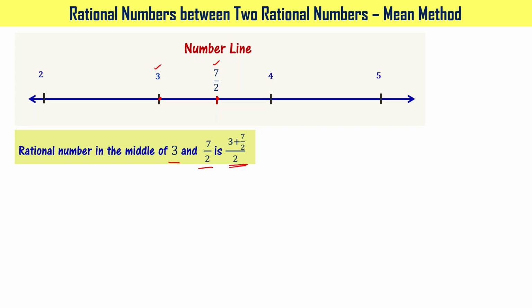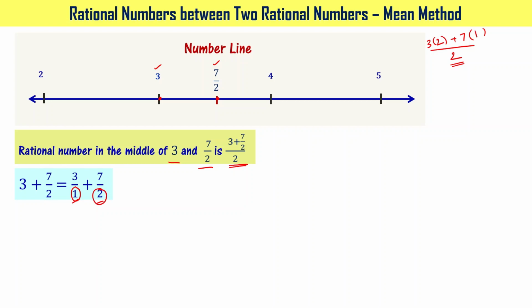Now let's first find the value of 3 plus 7 by 2. 3 plus 7 by 2 can be written as 3 by 1 plus 7 by 2. Look at the denominators. Denominators are not the same. Their LCM is 2. Now I can write it as 3 times LCM 2 divided by this 1, that is equal to 2, plus 7 times LCM 2 divided by this 2, that is equal to 1.